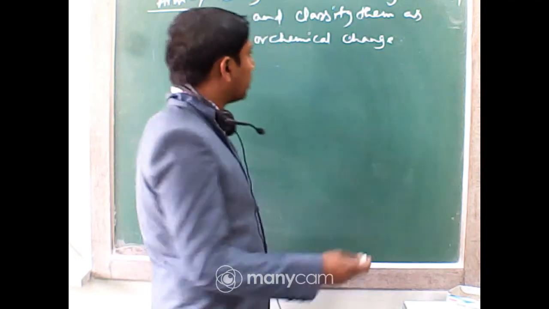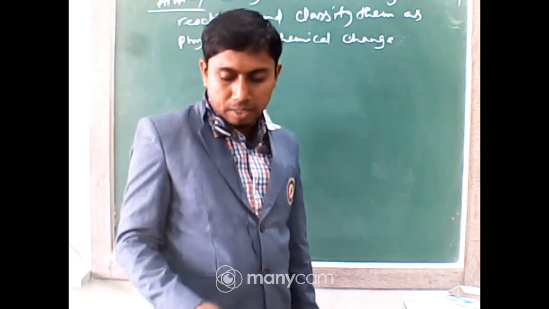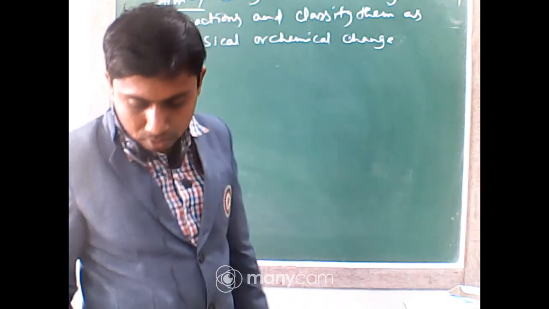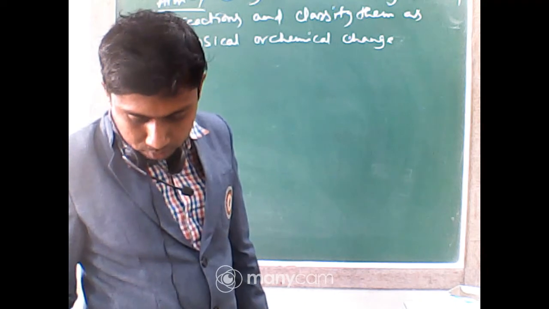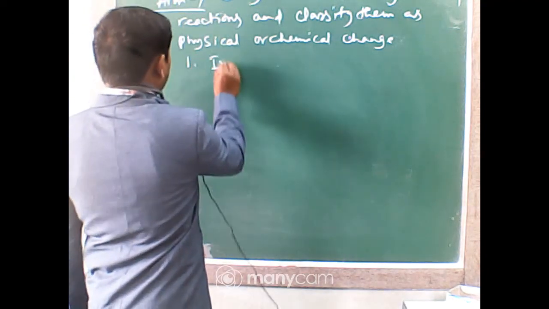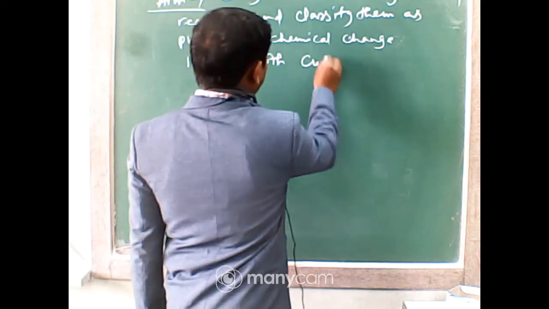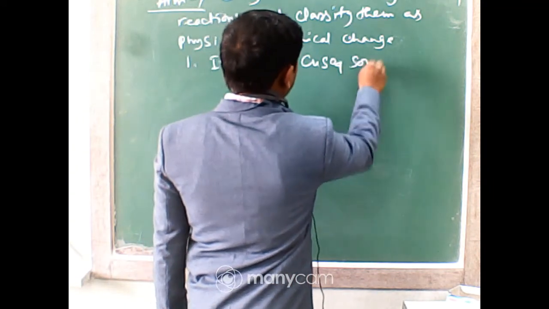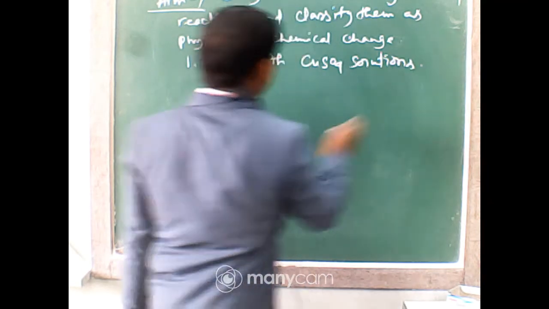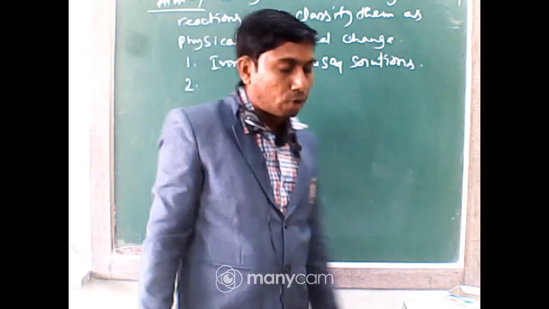Okay, so under this aim, we will also write the experiments. So, number 1, iron with copper sulfate solution. As we already have studied how to write a formula, we can directly use the formula of the compounds.